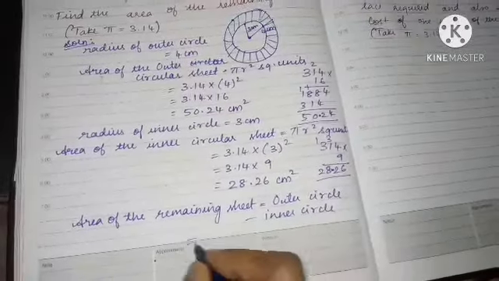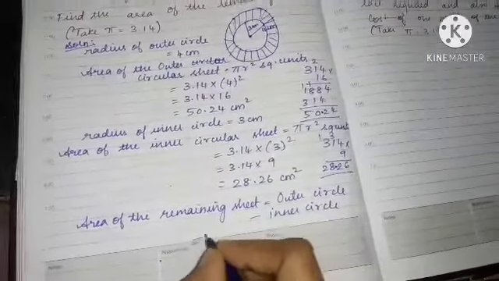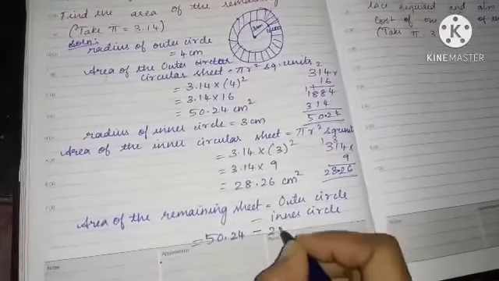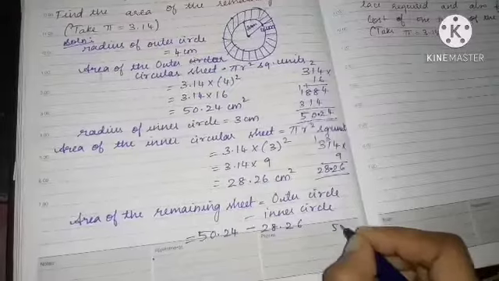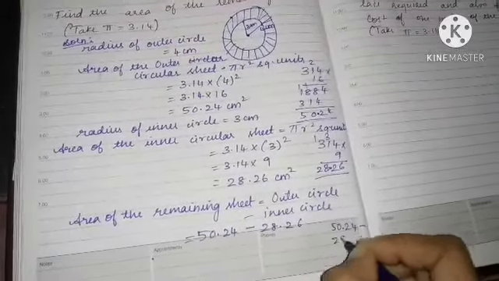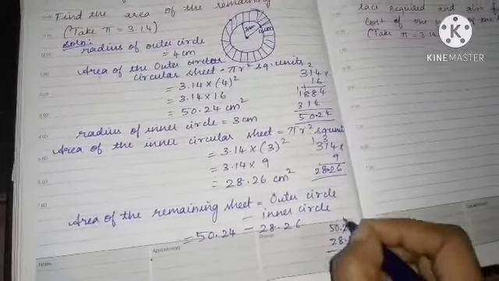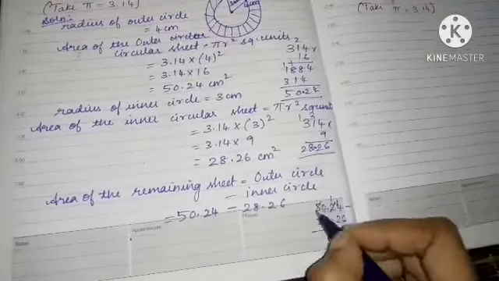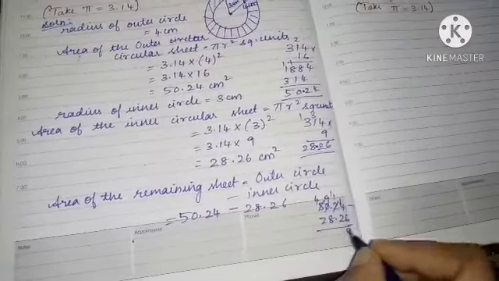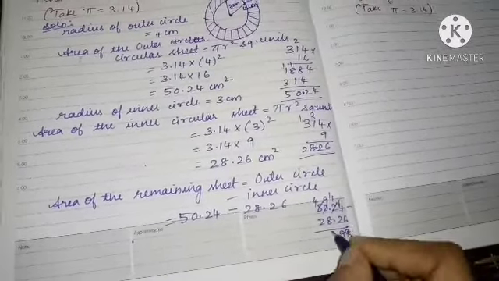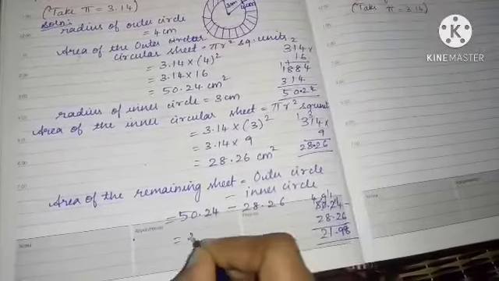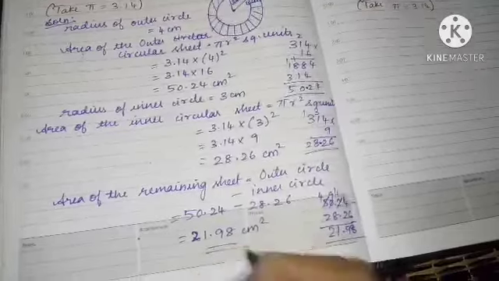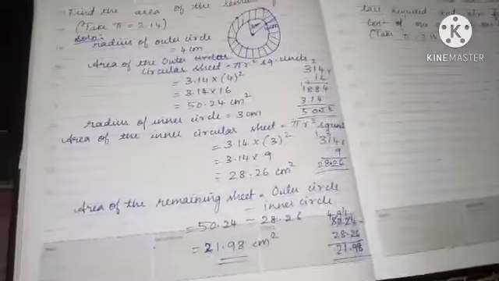Outer circle is 50.24 minus inner circle 28.26. After the subtraction, the answer is 21.98 centimeter square, the area of the remaining sheet.